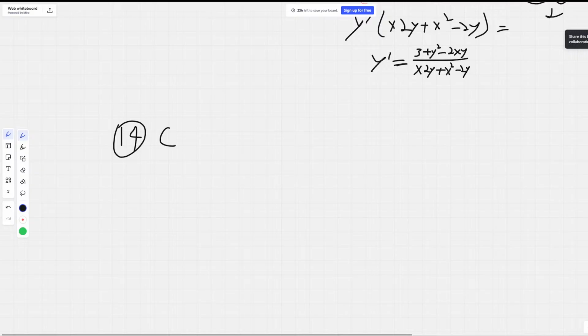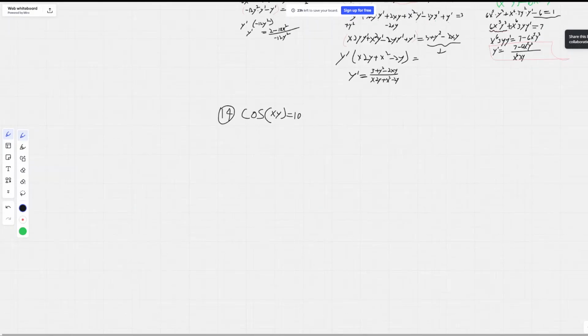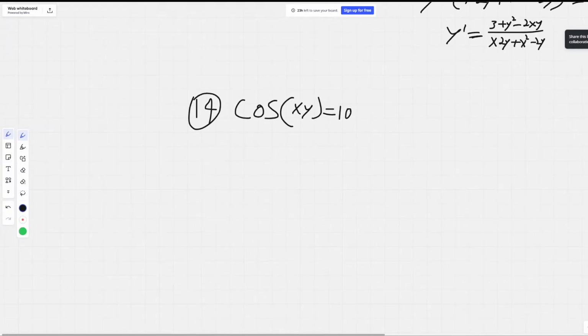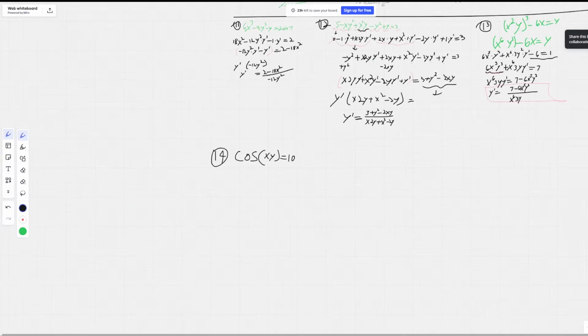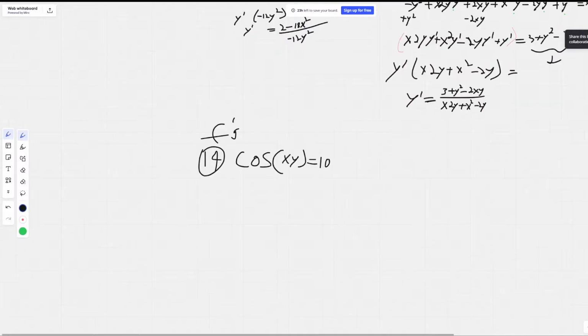Alright. That's right. Cosine of xy equals 10. Alright, let's see if I can remember how to do this right. Of course, we still start with the product rule, fun stuff.